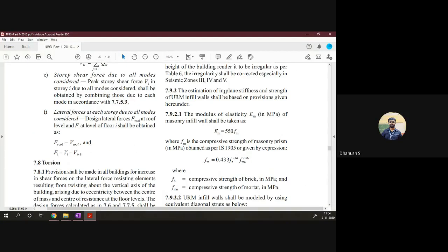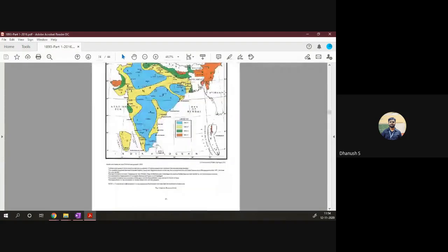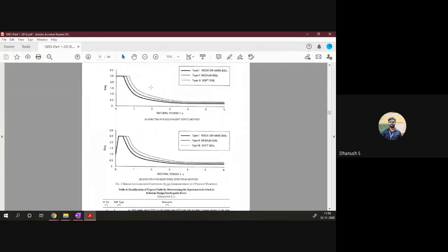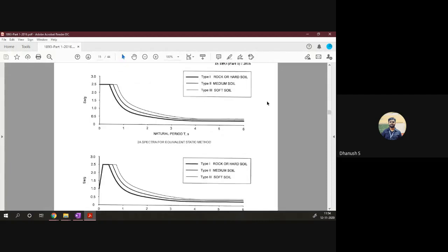Let us look at the Sa by g chart once. It will be. But that is also true even in other cases. For example, you remember the torsion problem that we were solving, where, say, in the x direction, if there was 400 kilonewtons acting, whichever wall had more stiffness would attract more force, correct?